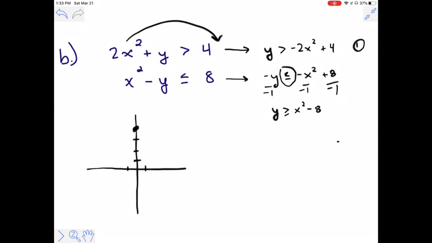And if I wanted to find a couple of other points there, I could let x equal 1. If x equals 1, then 1 squared is 1. 1 times negative 2 is negative 2. Negative 2 plus 4 is 2. So 1, 2. And then by symmetry, negative 1, 2. And since it's just greater than and not greater than or equal to, it's a dotted parabola.